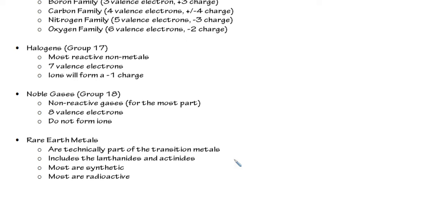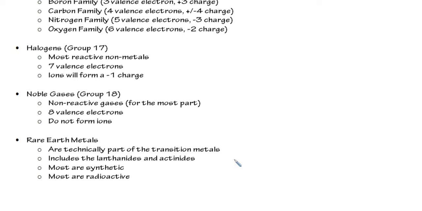You can think of them as part of the transition group, but they're pulled aside because they have some special properties. A lot of them are synthetic, a lot are radioactive. These also fill the F orbitals, which is why they're set aside as their own little group on the periodic table.